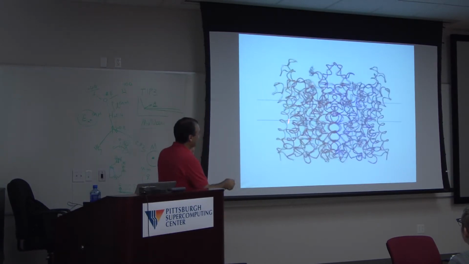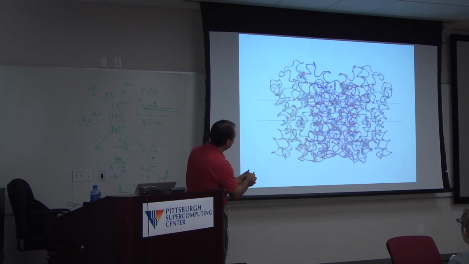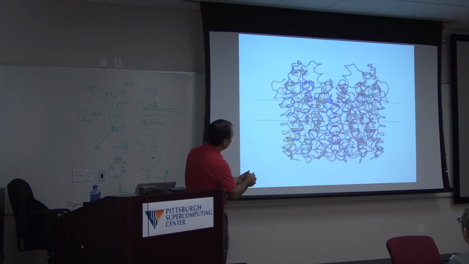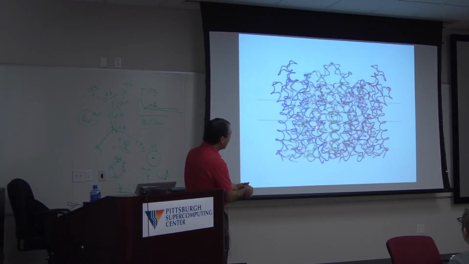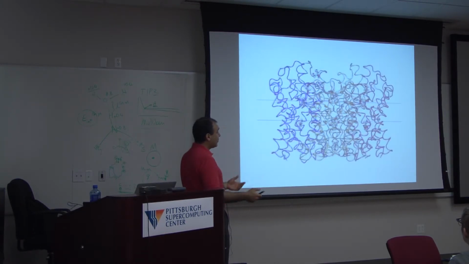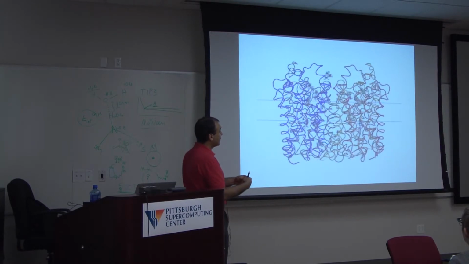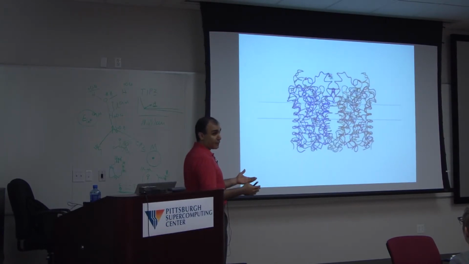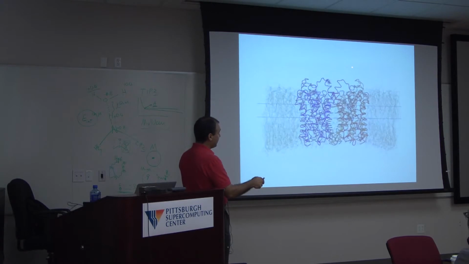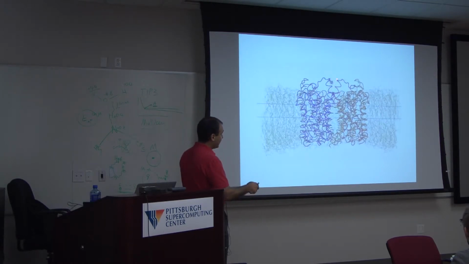So you see we have 4 monomers, and then you might see glycerol molecules, these little flies, moving up and down. We had 4 monomers, each monomer 3 glycerols. So we had 12 copies of the substrate. Some of them are moving up, some of them are moving down, some of them actually getting out of the channel completely.